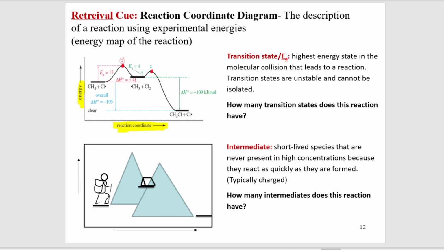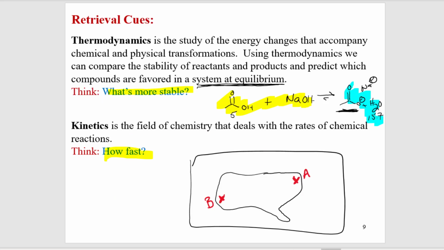I want you to be very cognizant of the fact that this is not time, okay? If I meant to say hours, minutes, whatever time, I would have put time in the x-coordinate. This is just the coordinate. Think back to our map, okay?